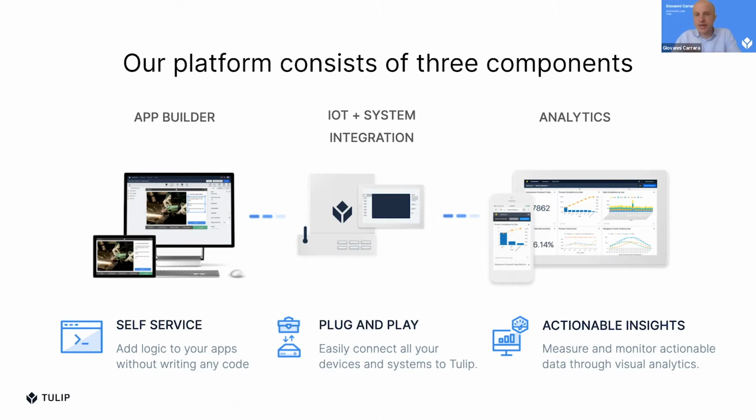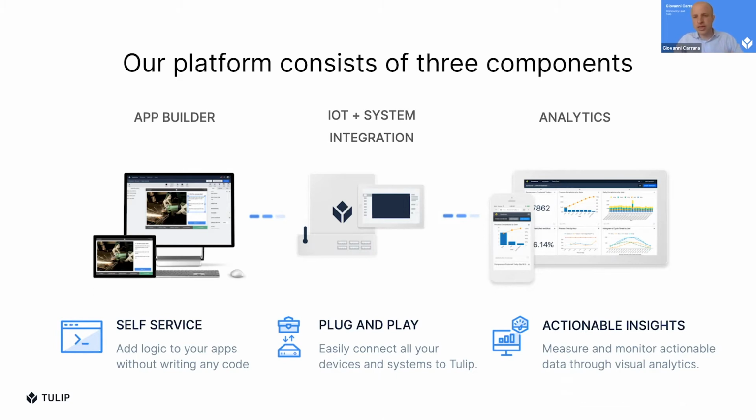Next pillar here is IoT and system integration. Through a lot of protocols, Tulip can communicate with hardware devices that you have in your factory, things like torque guns, measuring devices, scales. Even more complex things such as big machinery, CNC machines, injection molding machines, you can connect to through OPC UA.